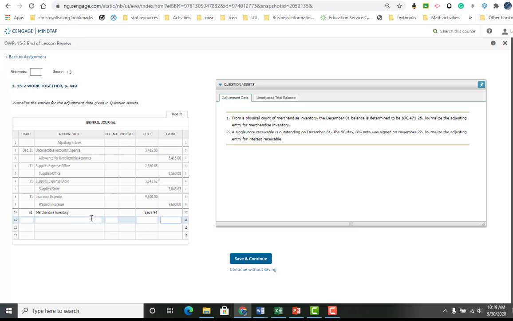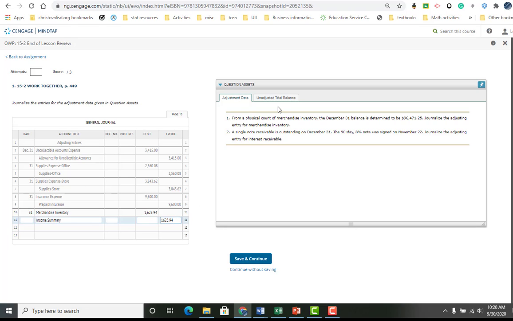And the credit account is going to be that income summary. I told you the income summary was about to come back into play. It's our holding place for where some data goes until we can reconcile it. So the holding place is the income summary, and it receives a credit total of $1,625.94.